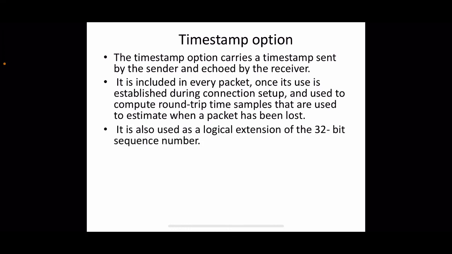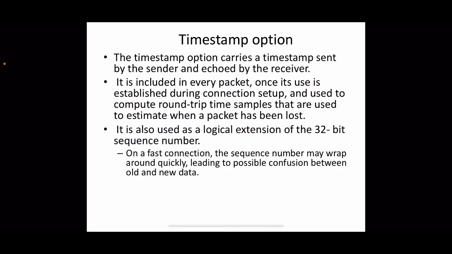It's also used as a logical extension of the 32-bit sequence number. That is useful in case of a fast connection. In a fast connection, the sequence number may wrap around quickly, leading to possible confusion between old and new data. Sequence number wrapping around means, just suppose we are using a 2-bit sequence number for simplicity.